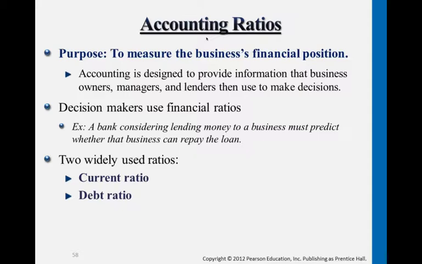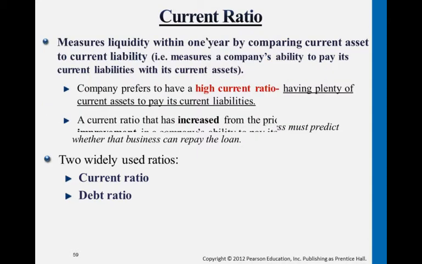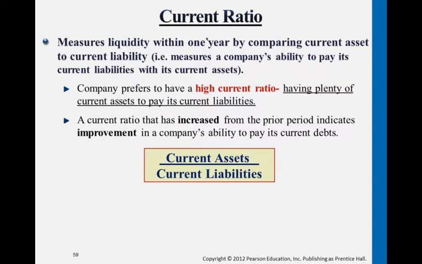Okay, so what the current ratio means: we want to measure liquidity within a year by comparing current assets over current liabilities. So we want to look at the total value of current assets, added all together.